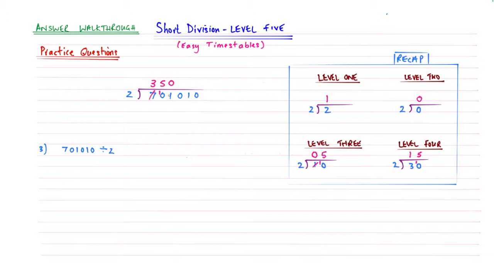It's going to be a 0 and then carry the 1. 2's into 10, that goes exactly 5 times. Now 2's into 1, again 2's too big, so we're going to have to put a 0 and then carry the 1. And then 2's into 10, well, it goes exactly 5 times. So then that's where we get our answer from for that one. So 350,505. And that's practice question number 3 answered.